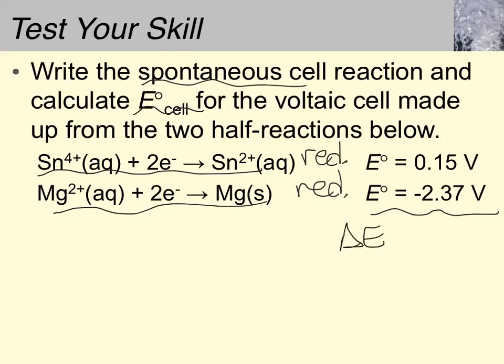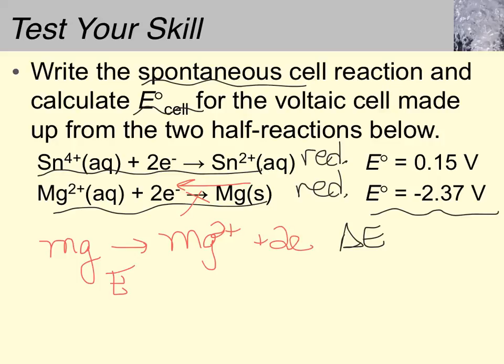Hopefully you can see intuitively that if I flip the bottom reaction, so instead of being written as a reduction, it is written as an oxidation, then anytime you flip a reaction, you change the sign of the standard voltage. So its E value written this way, as an oxidation, is plus 2.37.